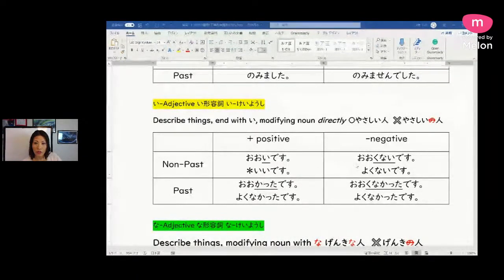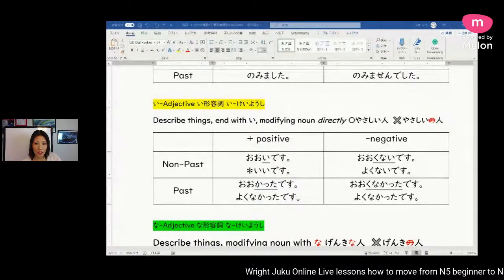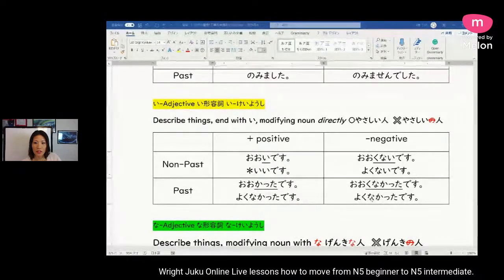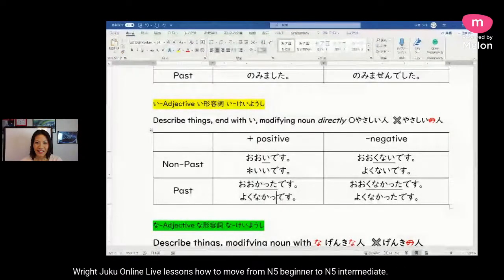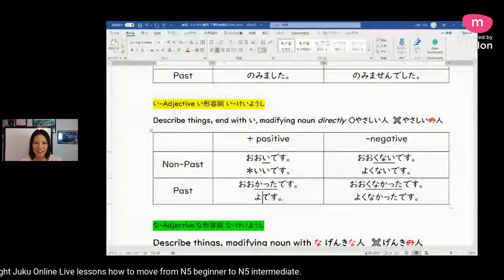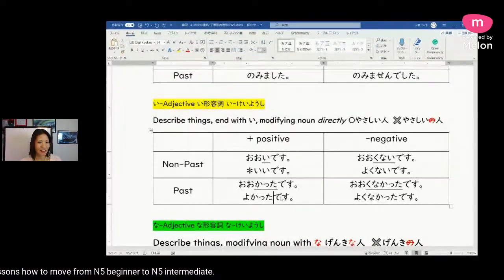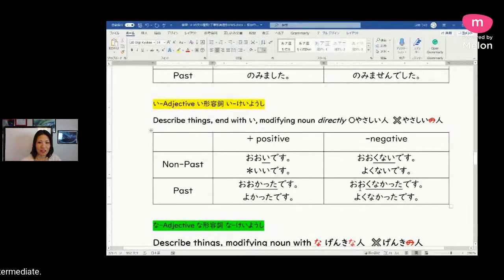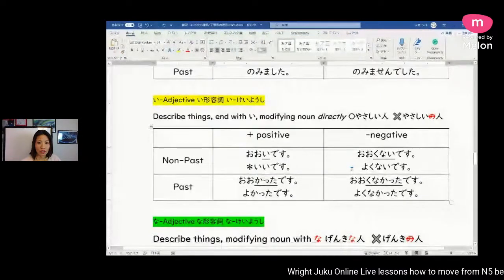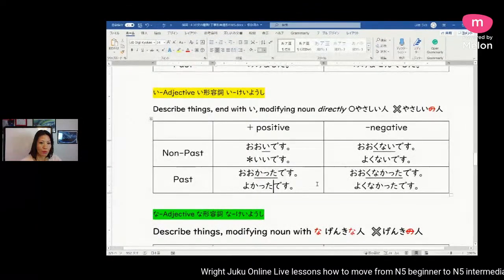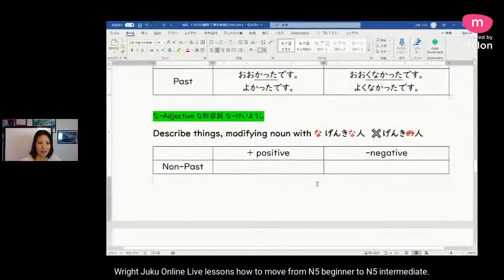Notice that the first い switches to よ, and the second い works the same way: よかったです, よくなかったです. So do not say いかったです, いくなかったです, or いくないです. It's kind of hard to say, so it makes sense that you switch to よ when you conjugate. So the exception is いいです. Move on to な adjective.